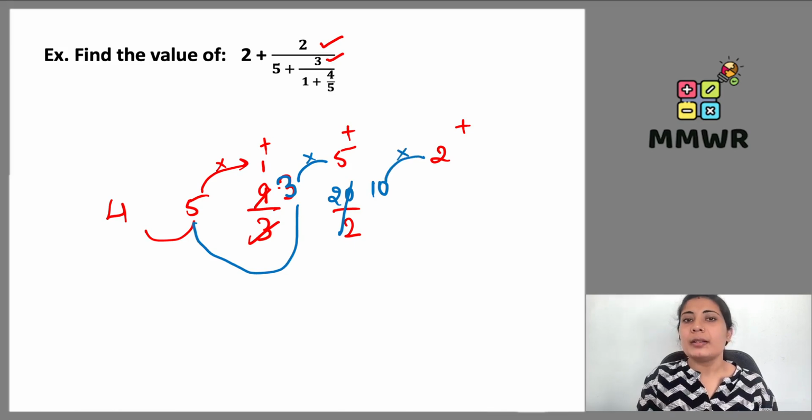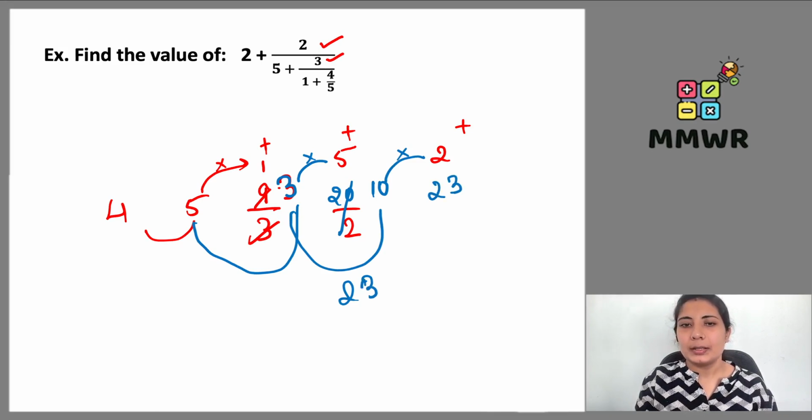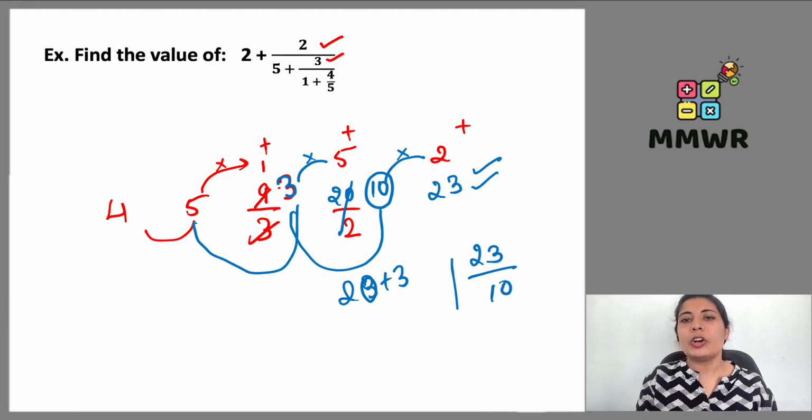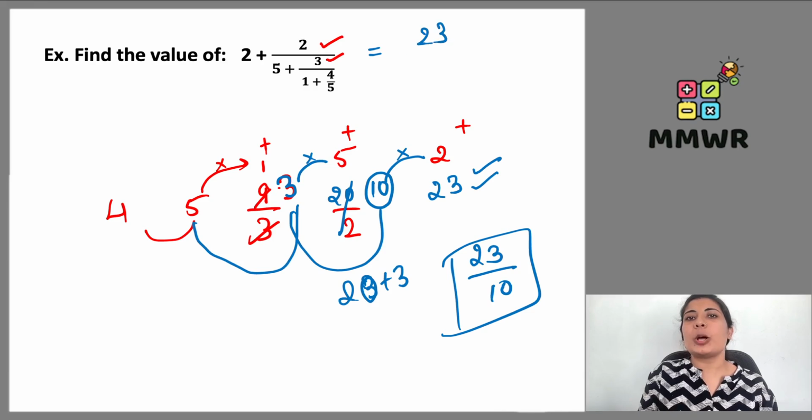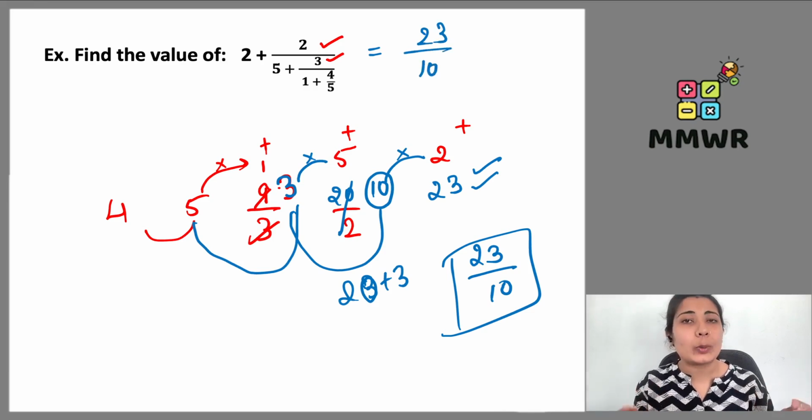Now 10 twos are 20. 20 plus 3 is 23. Right? 23 will be the numerator and the previous number will be the denominator. So 23 upon 10 is the answer for this problem, which we got so quickly.